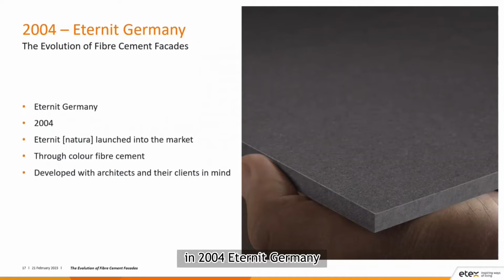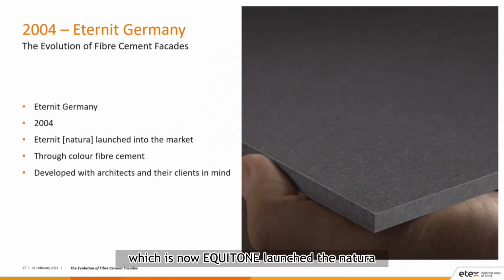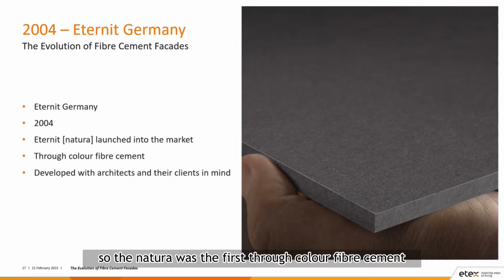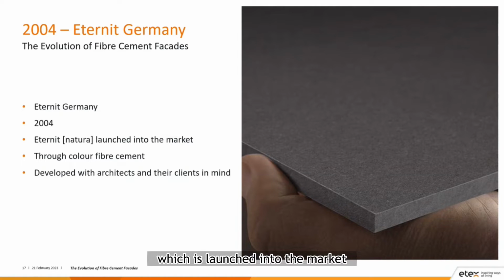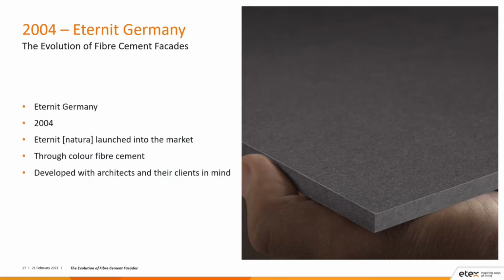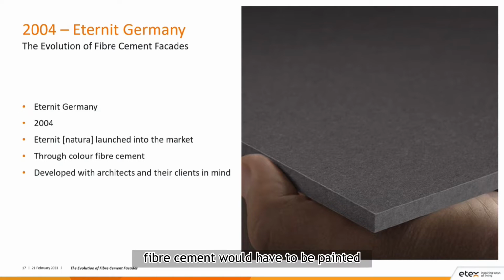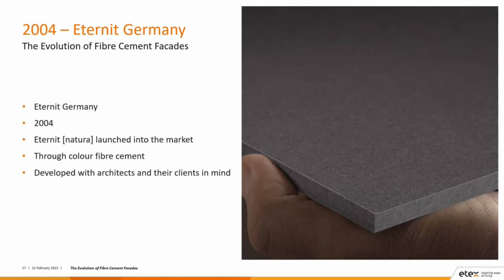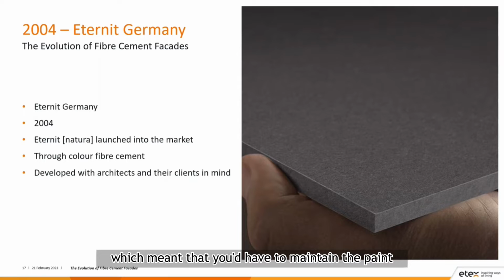In 2004, EQUITONE Germany, which is now EQUITONE, launched the Natura. The Natura was the first through color fibre cement which was launched into the market. Before then, fibre cement would have to be painted, which meant that you'd have to maintain the paint.